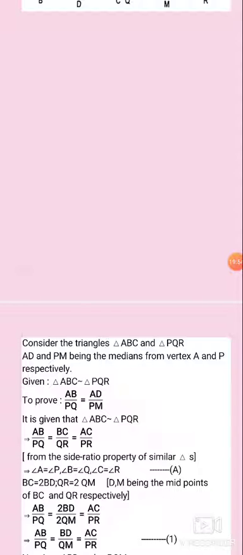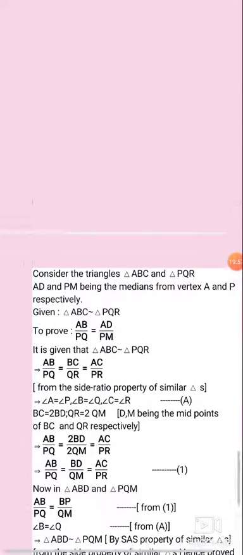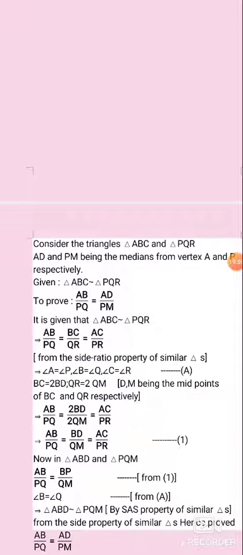Next, AB by PQ is equal to twice of BD by twice of QM, which is equal to AC by PR. Now AB by PQ, the 2s are cancelled, is BD by QM is equal to AC by PR.